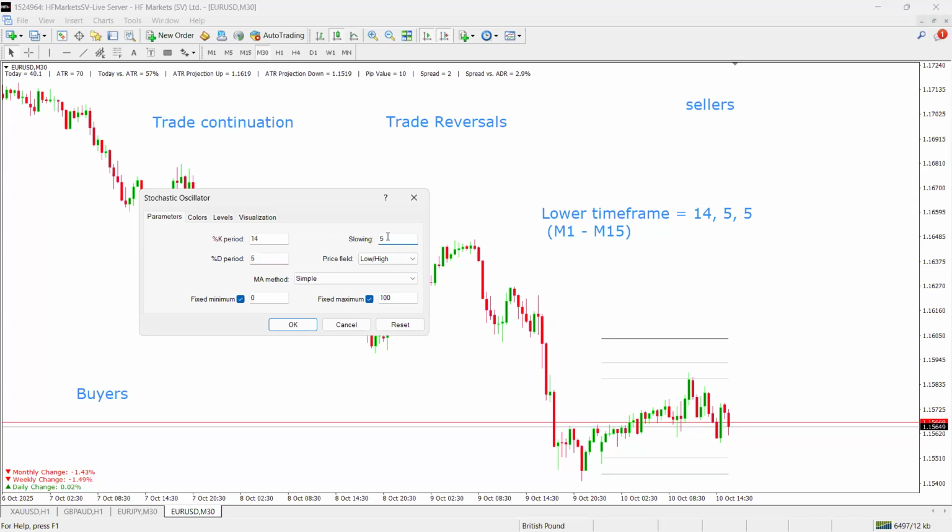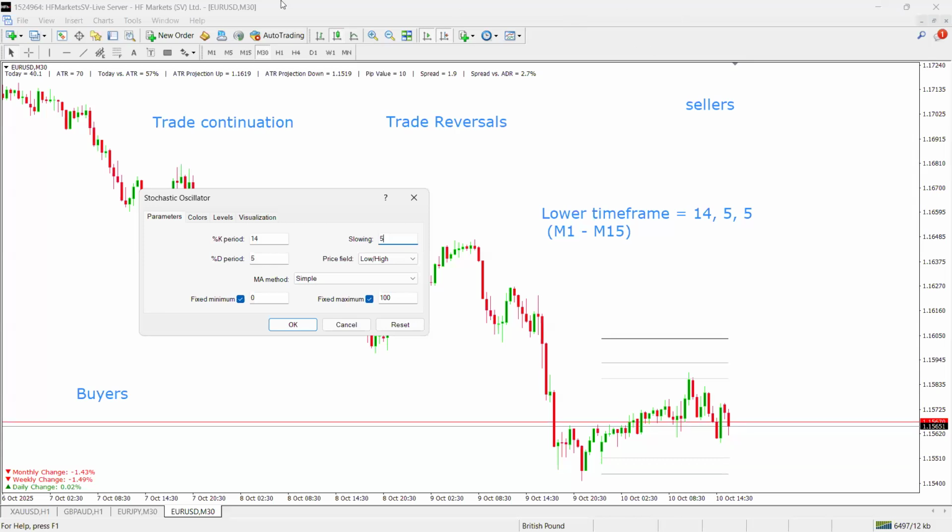If you're planning to use it on a lower time frame, say M1, M5, or M15, as the case may be. Are we together?